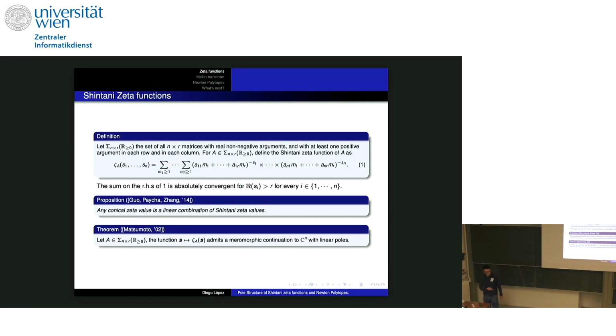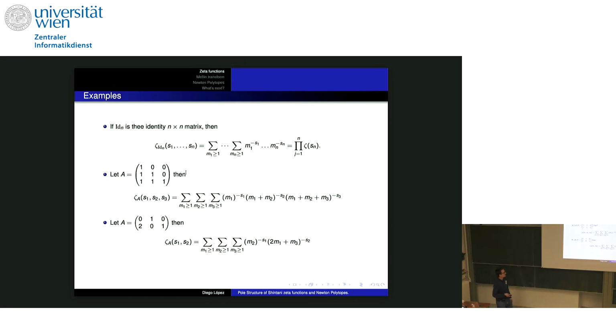So here are some examples just to clarify what a Shintani zeta function is. In case the matrix is the identity, it satisfies all the requirements. It has non-negative arguments, and in each row and each column, it has at least one positive argument.